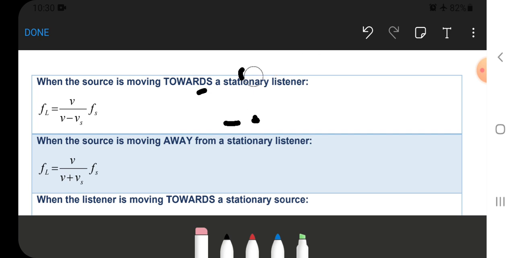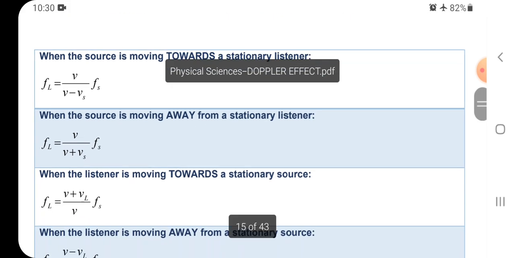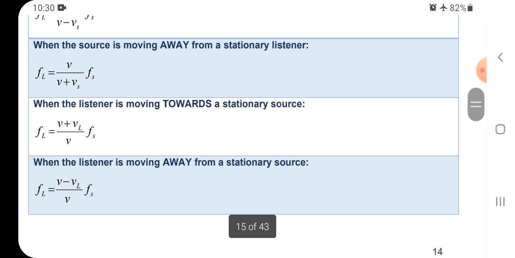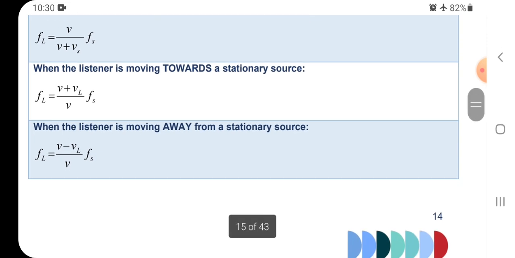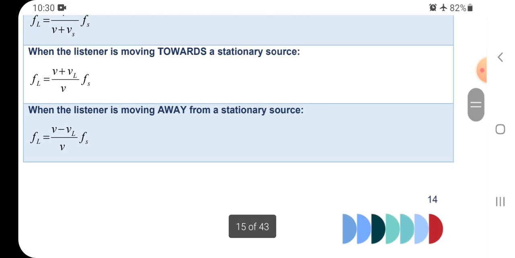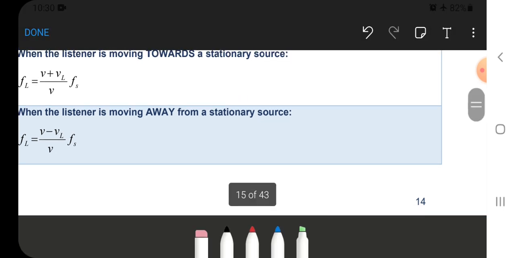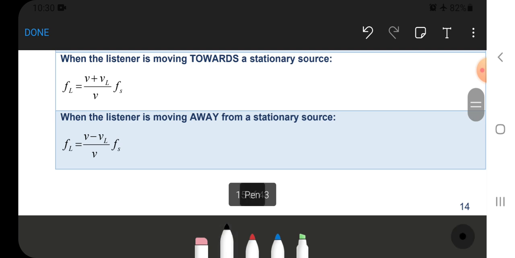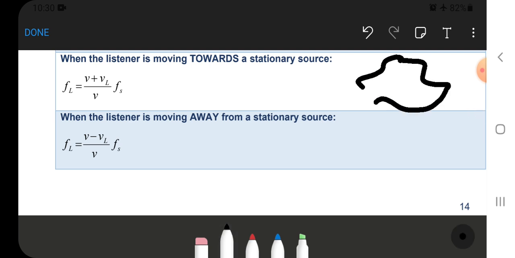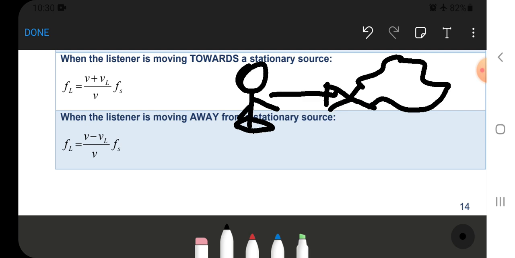It's information that you have to know. And then we have when the listener is moving towards a stationary source. Here, the ambulance is just standing there, making a lot of noise, and the listener is moving towards the ambulance.